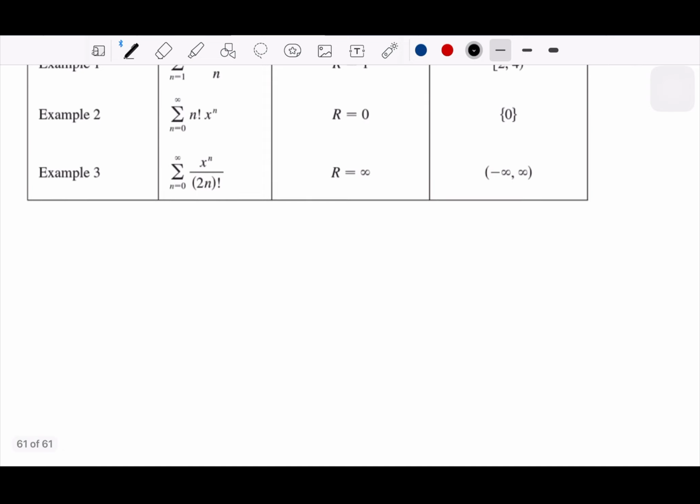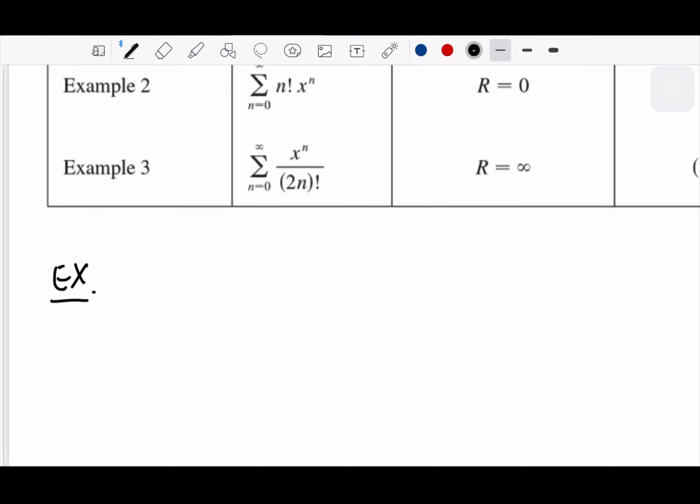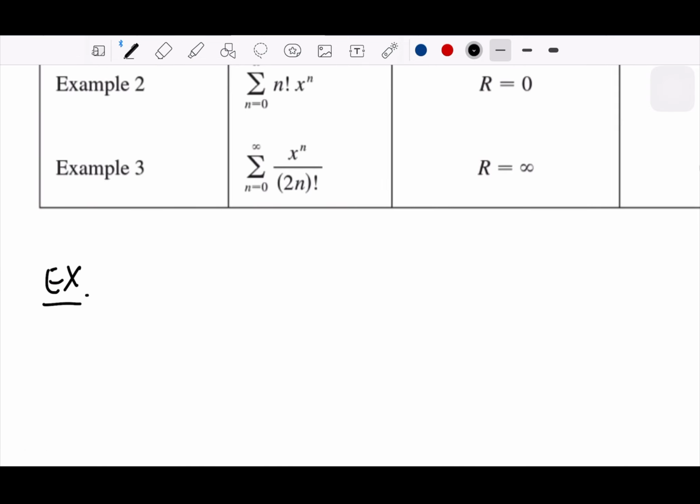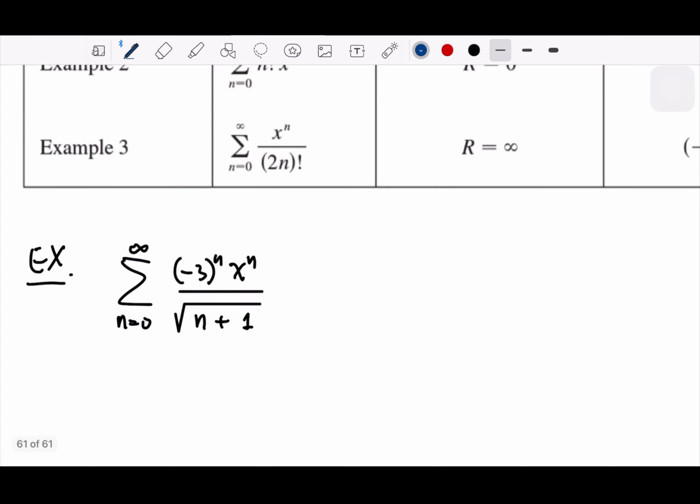Let me give you another example that is more likely to give you an idea. The question is just to find the radius and interval of convergence.